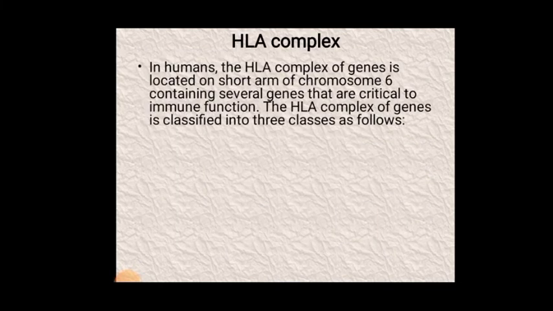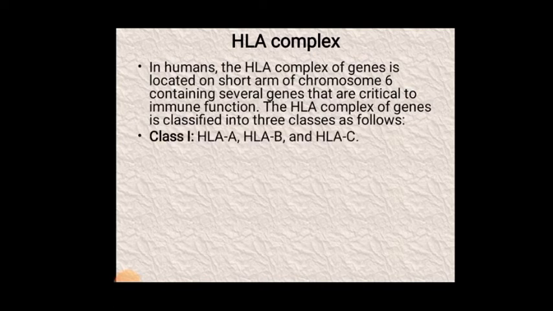Now we switch over to the detailed structure of this HLA complex. The gene locus for the major histocompatibility complex present within human beings, known as the HLA complex or human leukocyte antigen complex, is located on the short arm of chromosome number 6, and there are genes that are critical to immune function, means these participate in immune function, that is majorly responsible for antigen presentation to the immune cells.